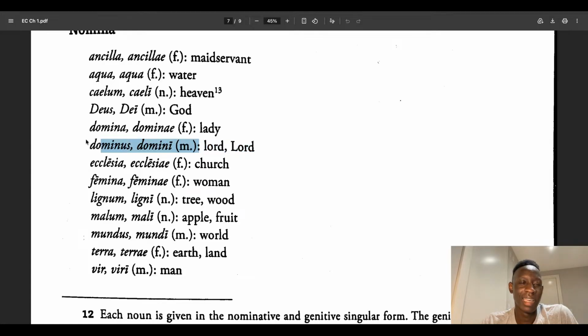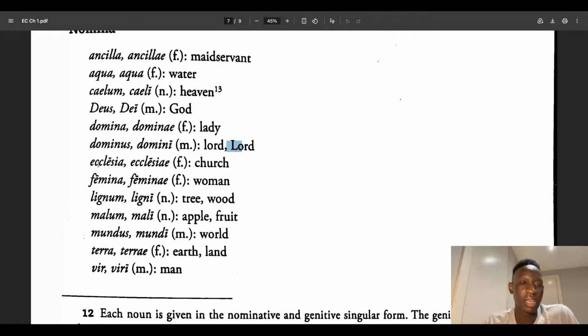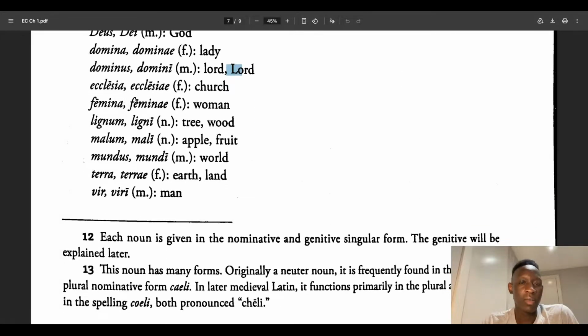I'm not sure why. Dominus, well, of course, this is singular, but mine is written with capital letters, unclear still. Ecclesia, ecclesiae, church. Femina, feminae, woman. Lignum, ligni, tree, wood. Malum, mali, apple, fruit. Mundus, mundi, world. Terra, terrae, earth, land.